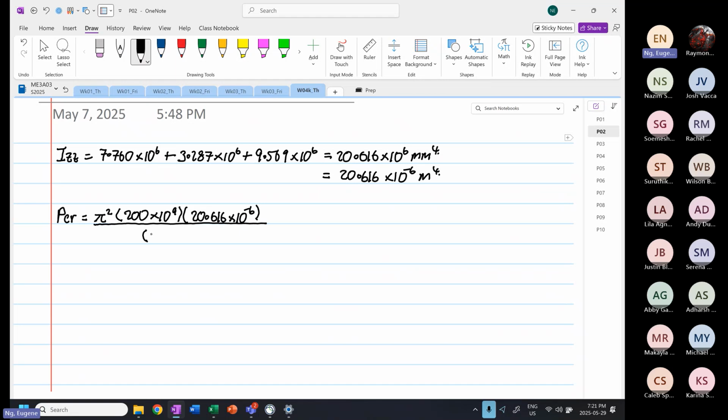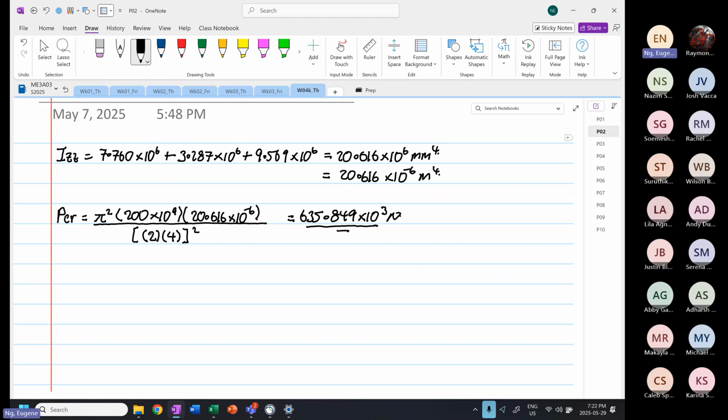So one end fixed, the other end is free, so you will have 2 multiplied by the length. The whole length is 4. And then we square. So from here, our PCR is equal to 635.849 times 10 to the power 3 Newton.